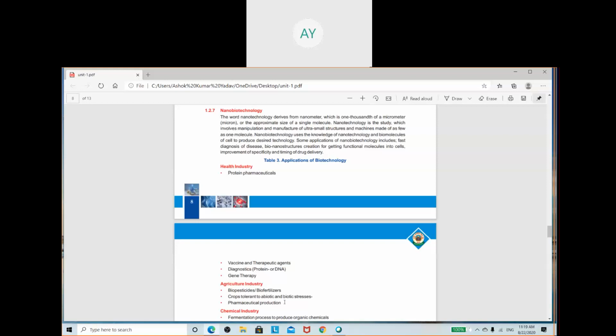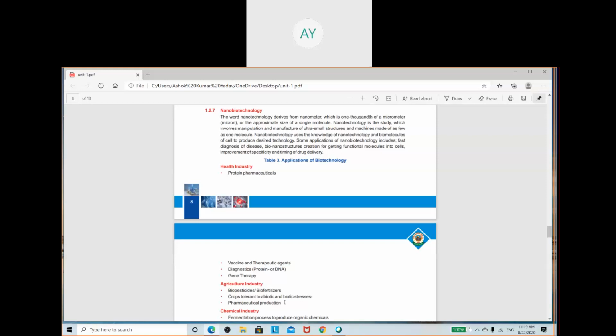So if you are eating that crop product, like fruit or vegetable, then automatically you will be cured of that type of disease, and this is the concept of edible vaccine. All the concepts turn around a technology known as recombinant DNA technology, then gene transfer technique through recombinant DNA technology, then plant tissue culture for multiplication of the plant.